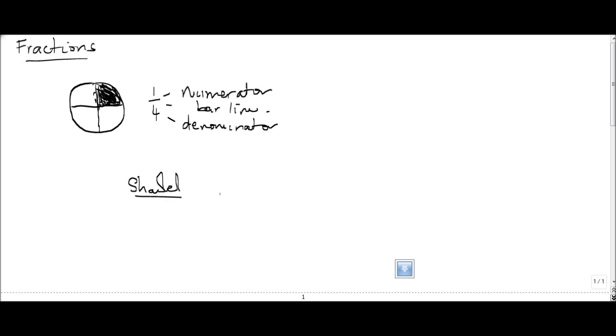While the unshaded would be 3 parts out of 4. So we would have one part, 2 parts, 3 parts out of 4 unshaded, and 1 part shaded.